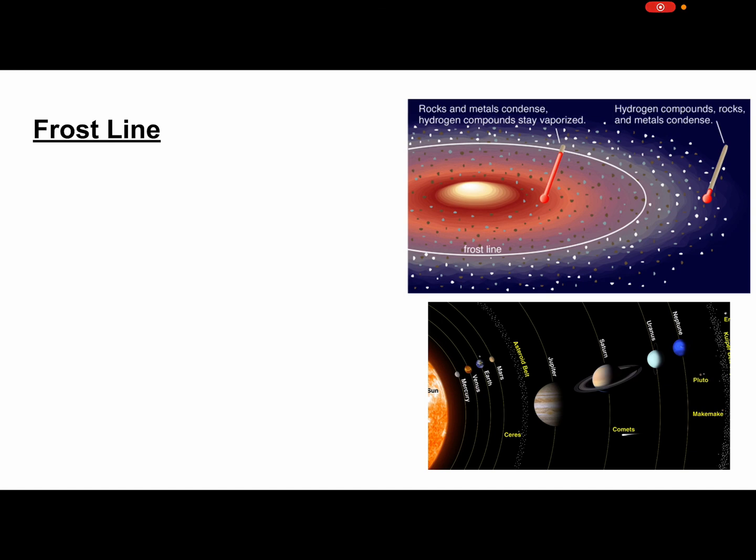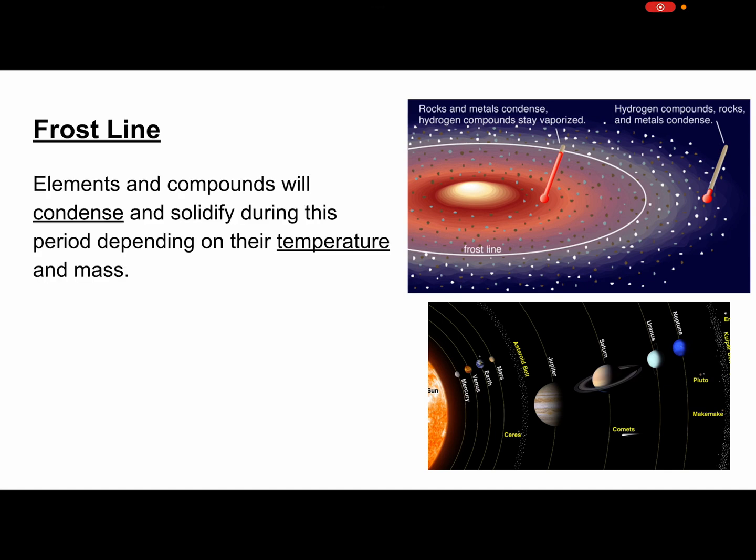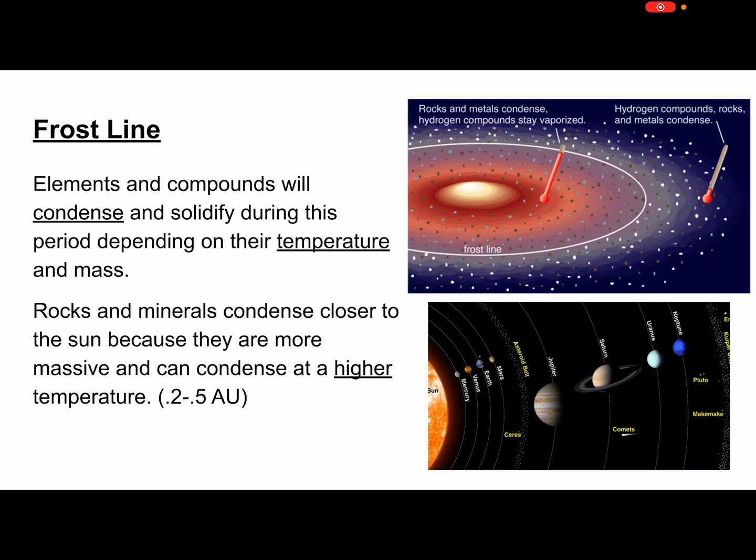Another thing that's happening here is what's called the frost line. Elements and compounds are going to condense, meaning they come together and solidify during this period, based on two things: their temperature and how heavy the elements are. So rocks and minerals condense closer to the sun because they're more massive, they're heavier.